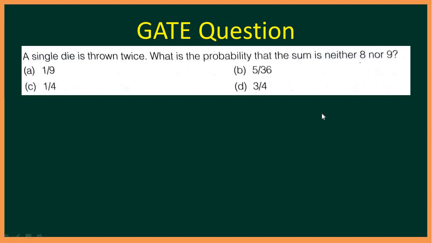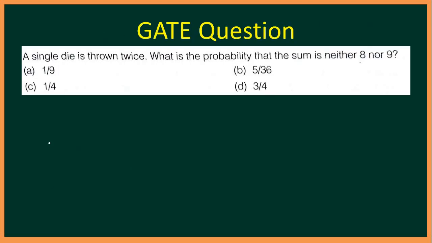So these two events are not independent, because whatever probability is asked depends on both events. The sum of getting 8 or 9 depends on both the numbers we get the first time and the second time. So in this case, throwing two times is considered as a single event. These are not two different events; we assume it is a single event.